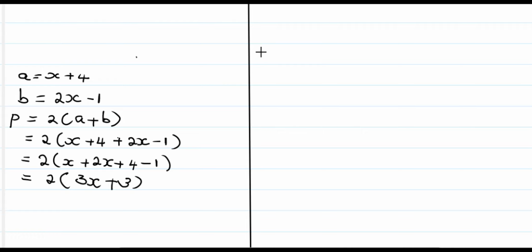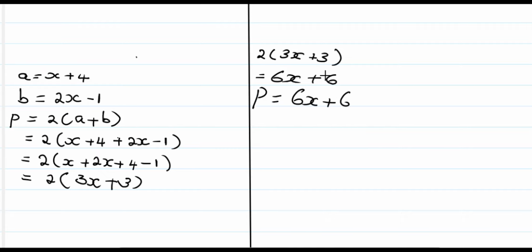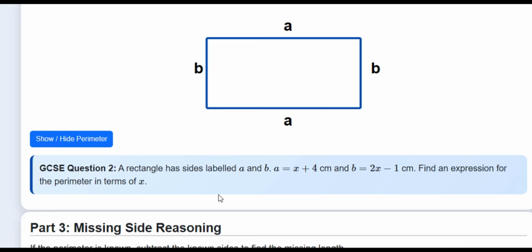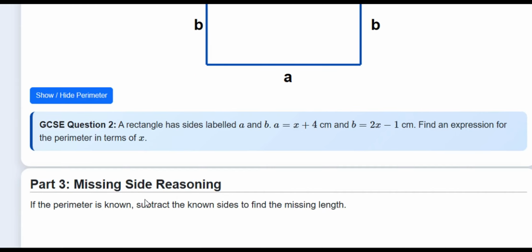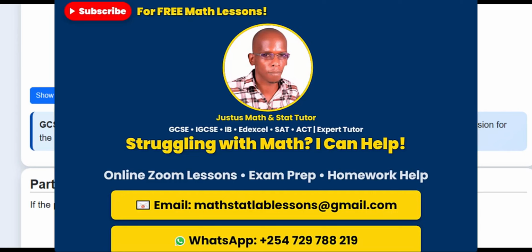So it becomes 2 multiplied by 3x, it will be 6x, then plus 2 multiplied by this 3, which is 6, and that becomes the perimeter P. It's equals to 6x plus 6 of that rectangle, because you are told to give it as an expression of x. So, can we try another example where there is a missing side? We see if we can get that missing side.